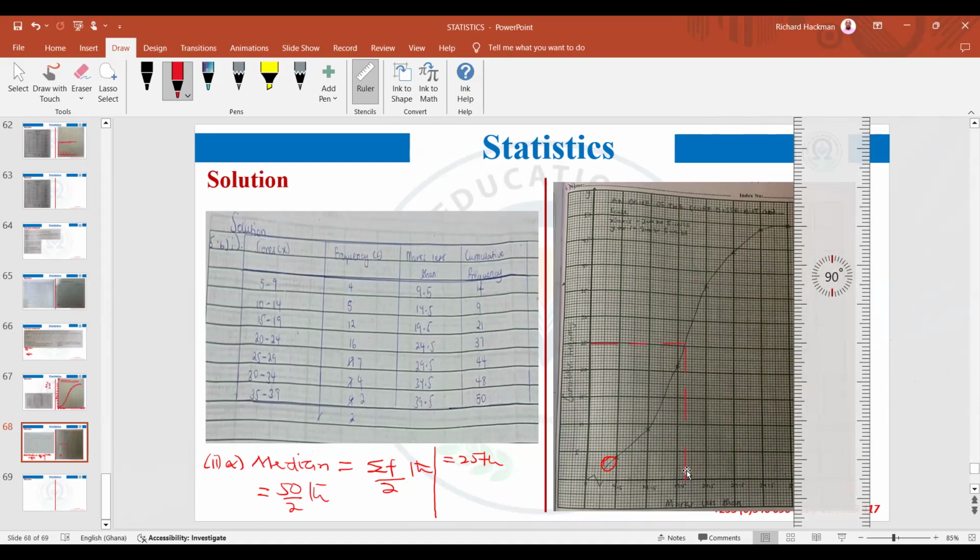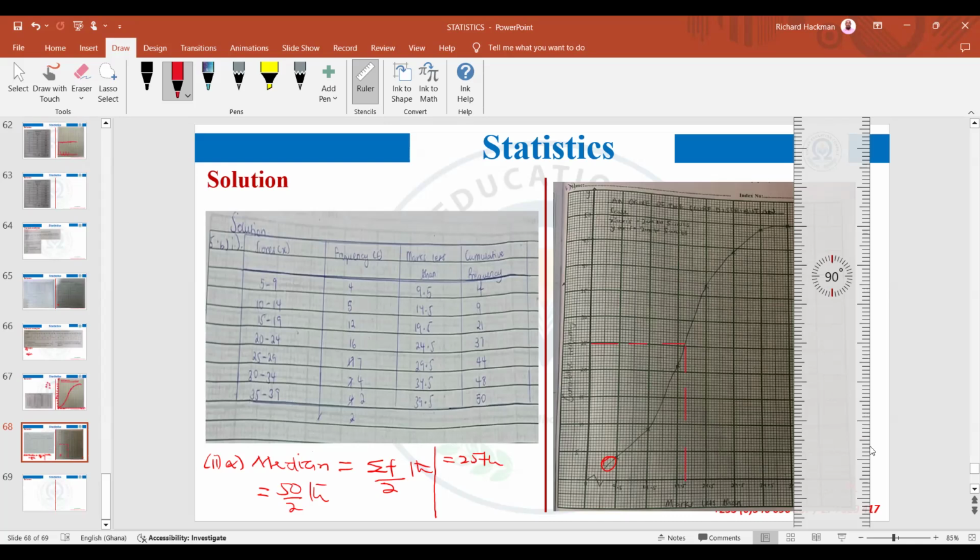The class size was 5, is that not it? So I'm using 2 centimeters to 5. So 5 divided by 10 will give us 0.5. So each small box is 0.5.